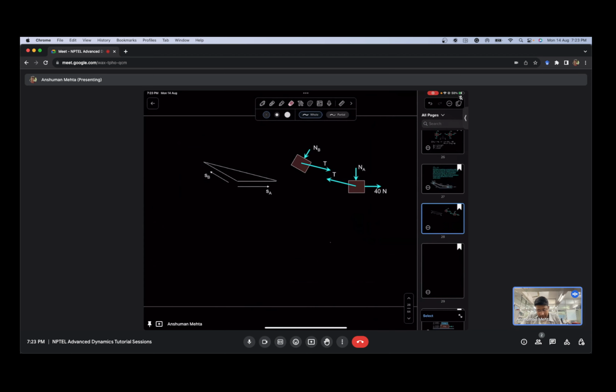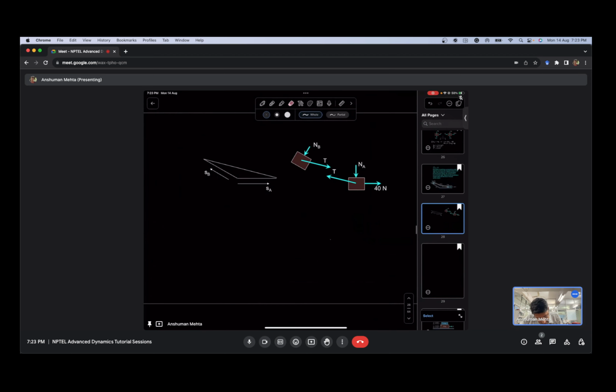Now this is kinematics. So the triangle OAB.